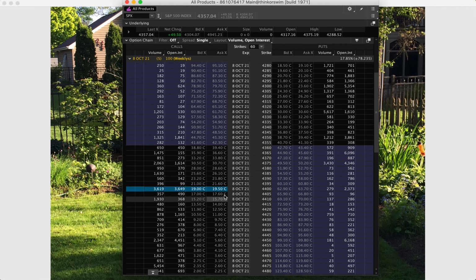Over on calls, these are like ridiculously priced, $19 for these 4400s. But if you're gonna buy the breakout of the 10-day simple moving average, you probably could go all the way up to these 44.50s. Then I would rather be below 44.50, maybe down here at the $8 window where these 44.30s and 35s are.